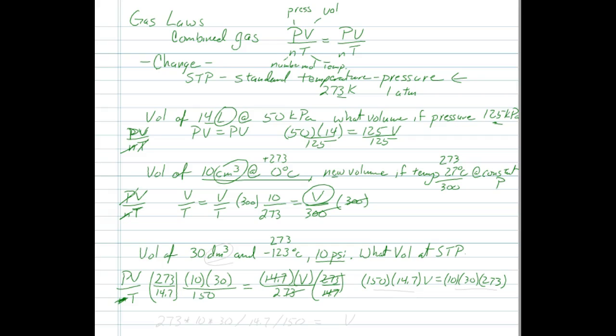So in your calculator, without having to write down any intermediate steps, you can do this all at once: 273 times 10 times 30, divided by 14.7, divided by 150 because it's in the denominator. You do that math, and you'll get the volume. Volume's in cubic decimeters, and there's your answer. And that concludes this lesson on the combined gas law.